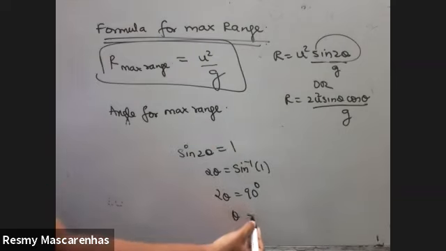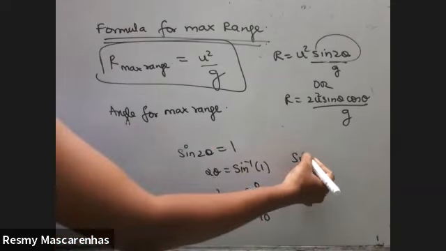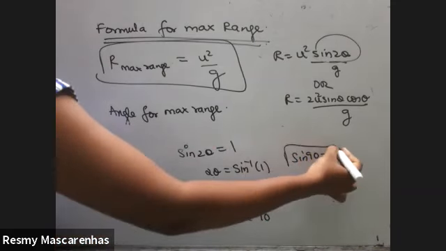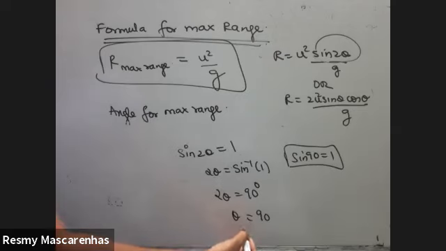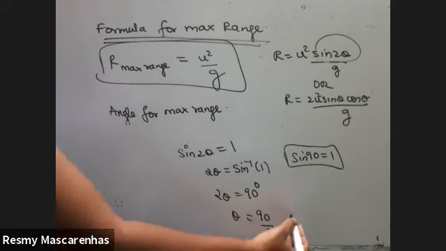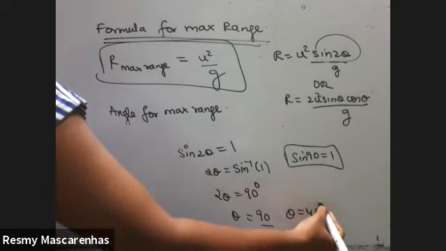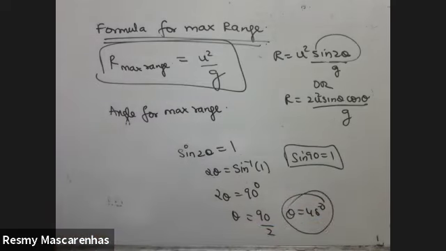So sin 90 is 1, so theta will be 90 upon 2. So theta will be 45 degrees. So if you throw at 45 degrees, then you will get maximum range. 45 it is.